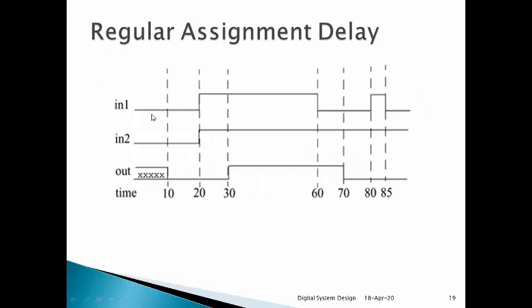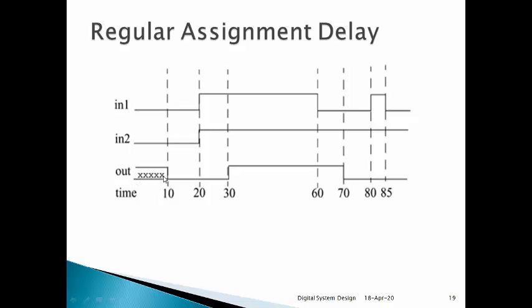Let's see here. This is the waveform of the input, and here it is for output. The out is the AND operation of in1 and in2, and you see that as the out variable has a delay of 10 time units, the output will be available after 10 time units.